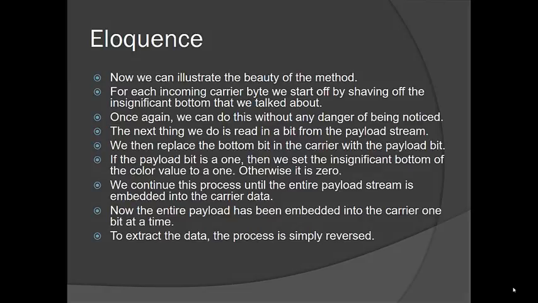If the payload bit is a 1, then we set the insignificant bottom of the color value to a 1, otherwise it is 0. We continue this process until the entire payload stream is embedded into the carrier data. Now that the entire payload has been embedded into the carrier 1 bit at a time, to extract the data, the process is simply reversed.